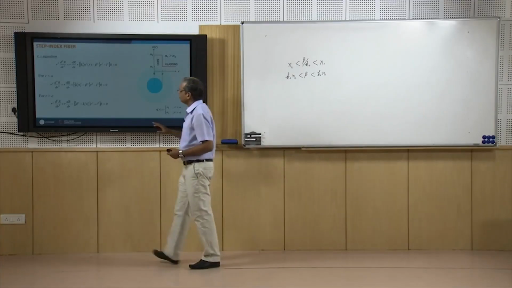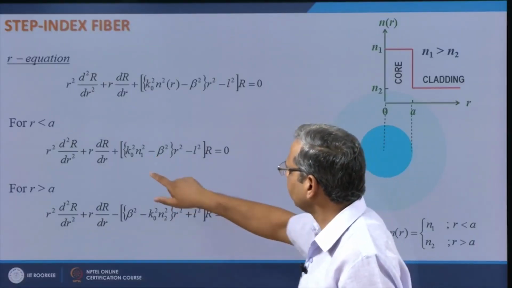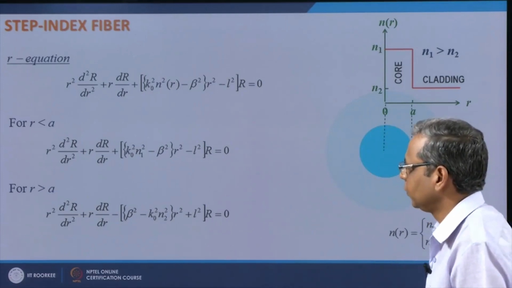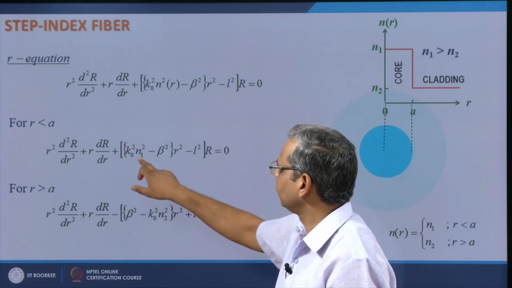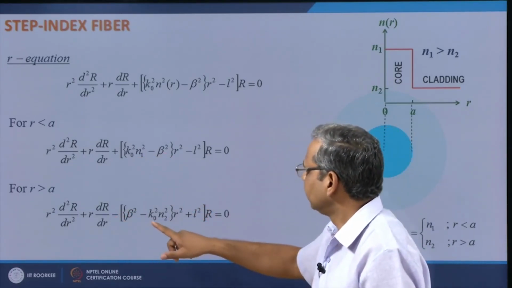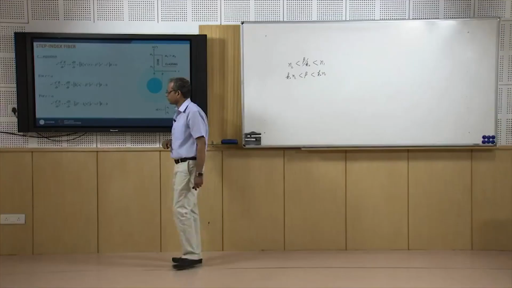So that is how I have arranged the terms here, in order to have this quantity positive. So I have a plus sign here, k naught square n1 square minus beta square, and a negative sign here, beta square minus k naught square n2 square.